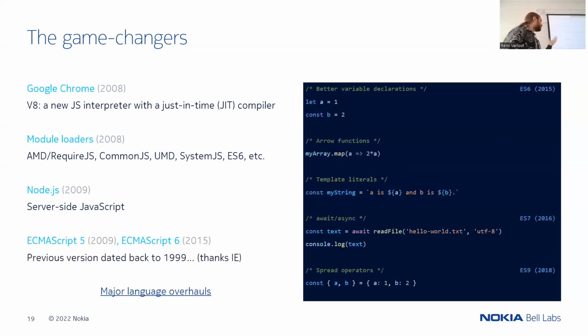And finally, I teased this a little bit, but ECMAScript, which is the standard for the JavaScript language, was 10 years back due to rivalries, namely with Internet Explorer, where nobody could agree on the language. And at that period, they finally managed to say, okay, we can try and build this language correctly together.